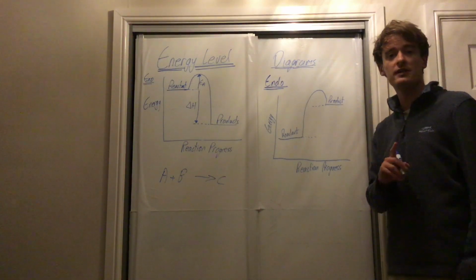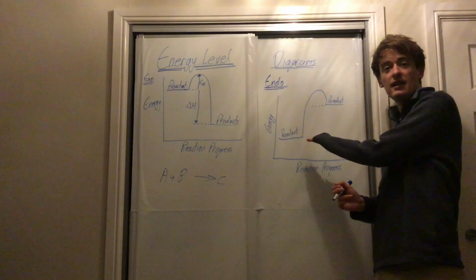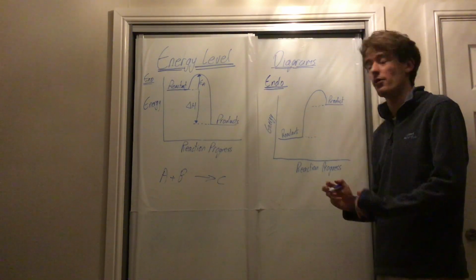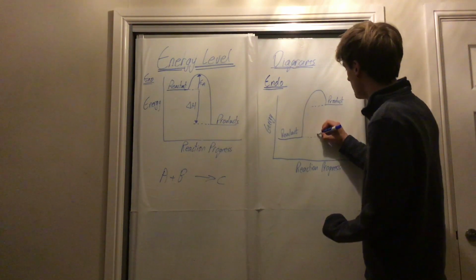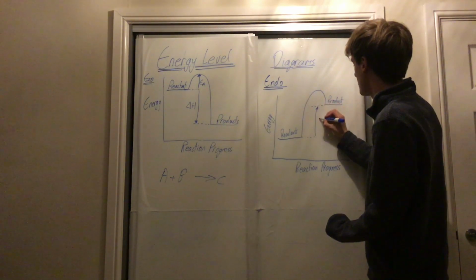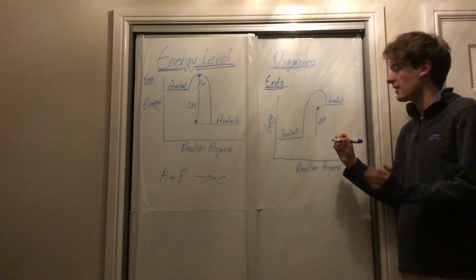Delta H, as always, is the difference between the levels, but I need to start at the reactant level and go to the product level because I'm going to the products in the reaction. So delta H needs to come up here like this. That's my delta H, the label I need.